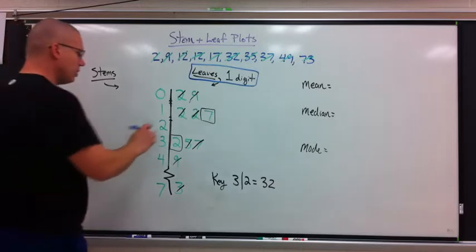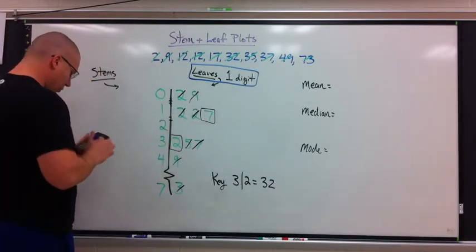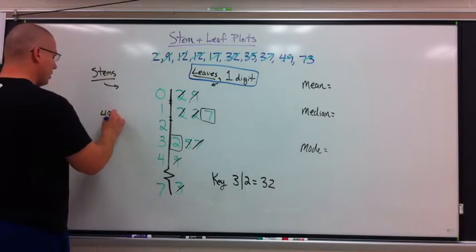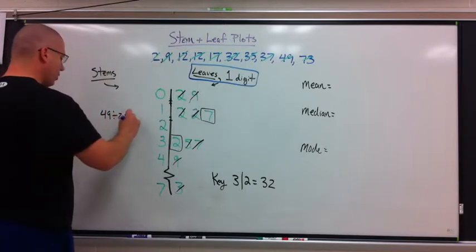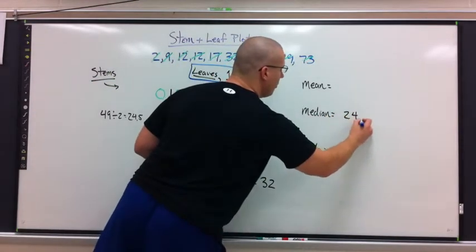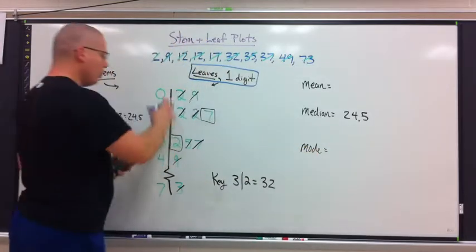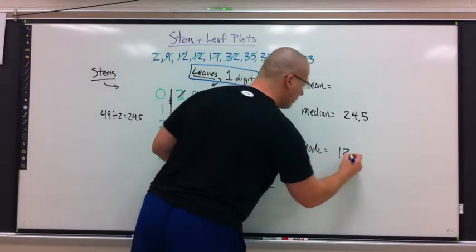I take those two numbers, 17 plus 32, and I get 49. Split them in half, divide by 2, and I get 24 and a half, 24.5. So the median is 24.5. The mode, which number showed up the most? The 2s, which is 12.